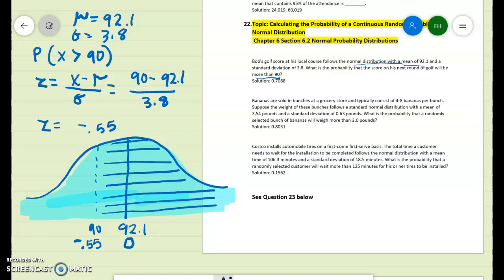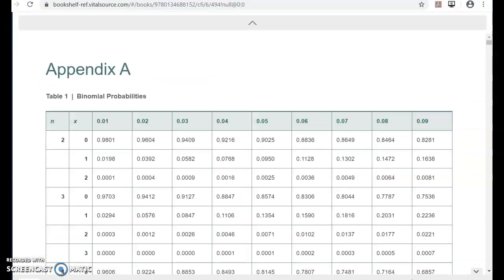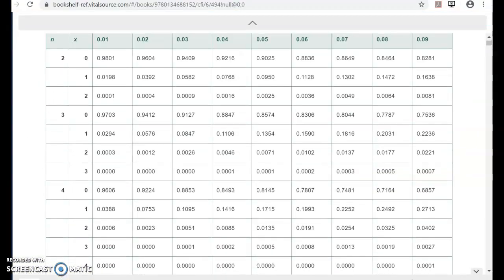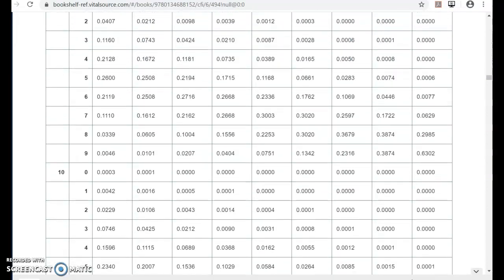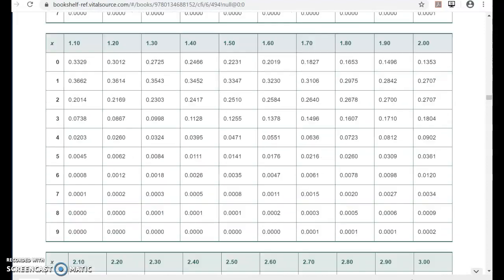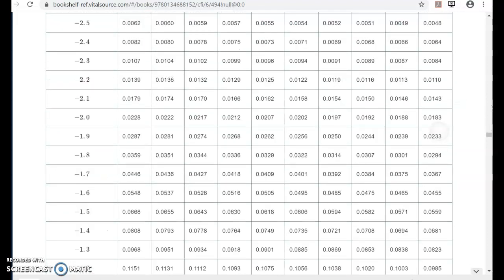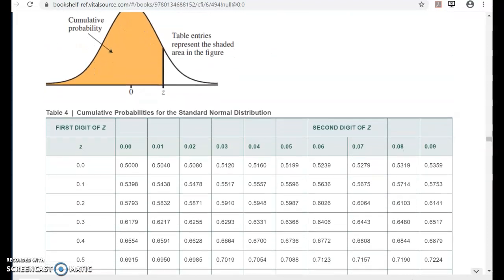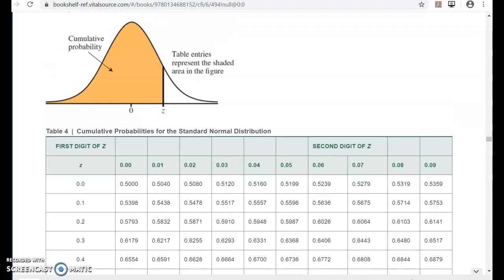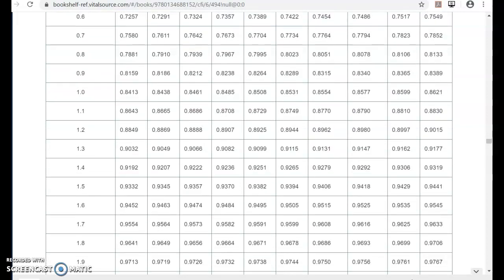Now, you're going to use a table, and if you go into your bookshelf, you have an appendix, and you're going to scroll down and find it, and you have to keep scrolling, and there's probably a table online you could use, and we're looking for negative 0.55.